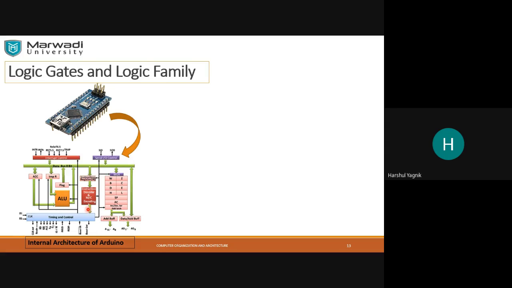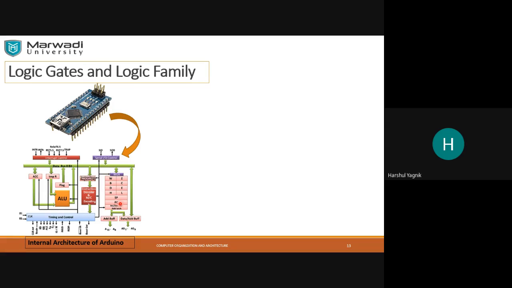So whether it is an Arduino board, an Intel processor or an Atmel processor, any company's processor, what are the architectural components? Most of the time, these components will be there. There will always be an ALU, then a timing and control unit, some registers which are connected with the ALU, a flag register, instruction register, stack pointer, program counter.